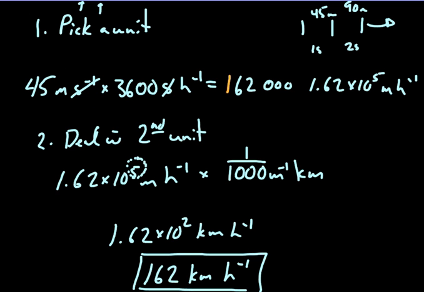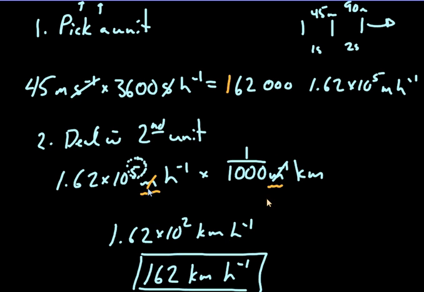The key thing when you're doing this is do not ignore your units. Bringing your units along is extremely important. No matter how well you understand this, it's always great to have this secondary check of bringing your units along.